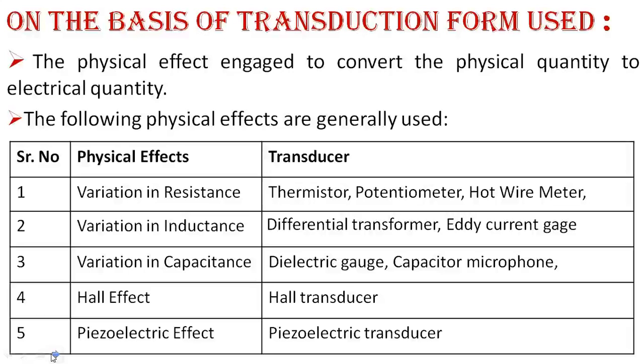Next is the variation of inductance: the differential transformer and eddy current gauge. Then the third physical effect is the variation in capacitance: the dielectric gauge, capacitor and microphone are used. Next is the Hall effect, where we use the Hall transducer.